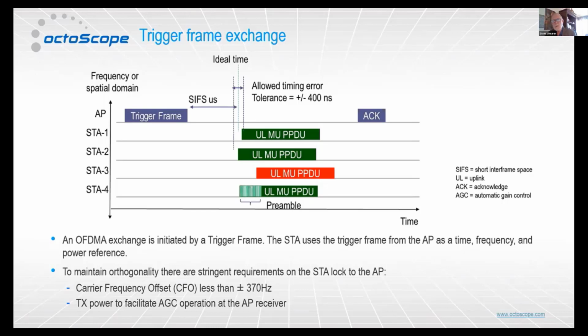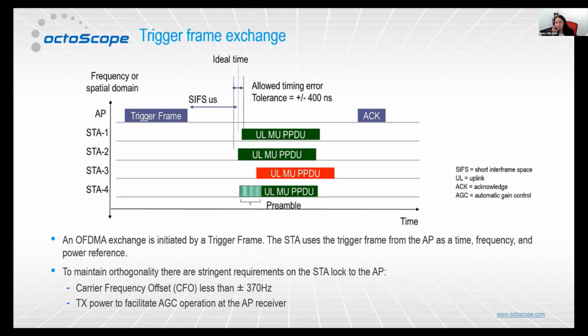And if you take a look at a trigger frame, you will find the individual AIDs actually listed in that. So that's the, dare I say, trigger that controls the transaction.